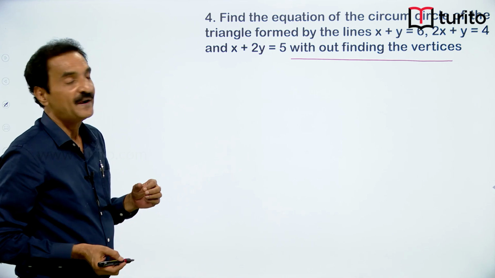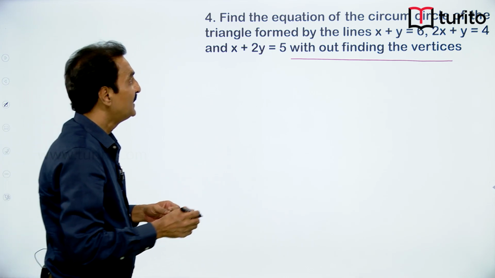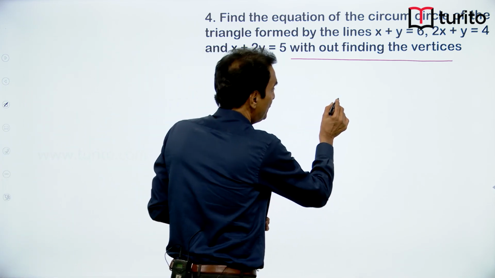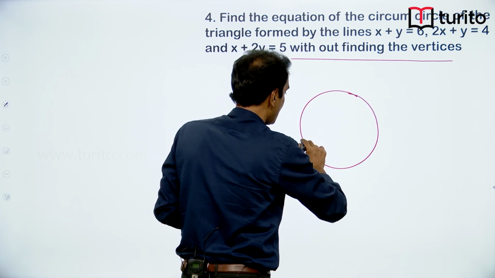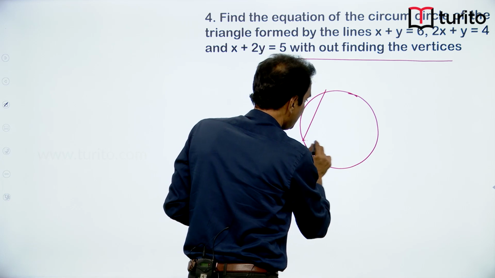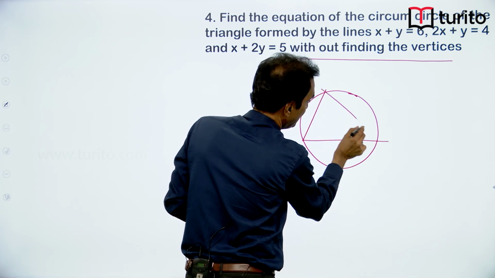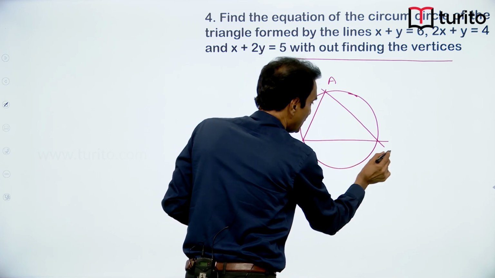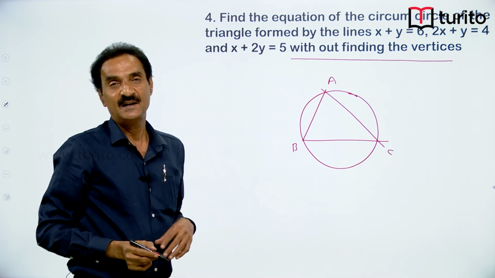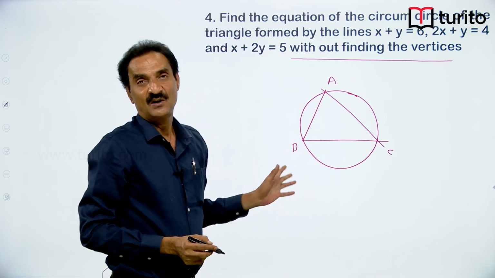Now, if you want to find the equation of the circle, take the diagram. Let ABC be a triangle and circumcircle is drawn.